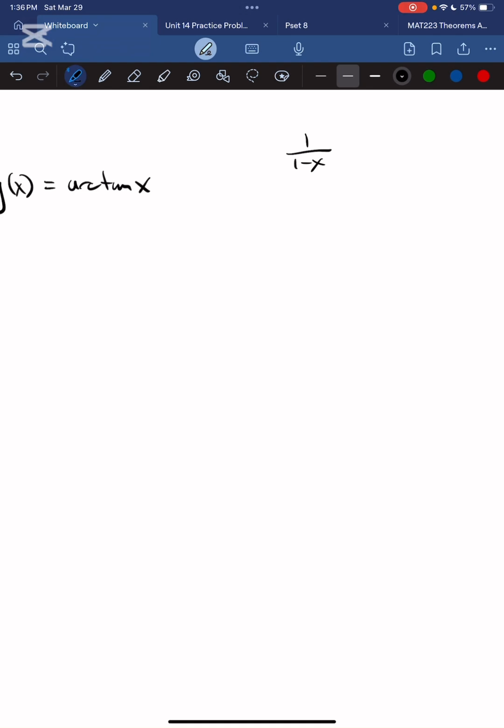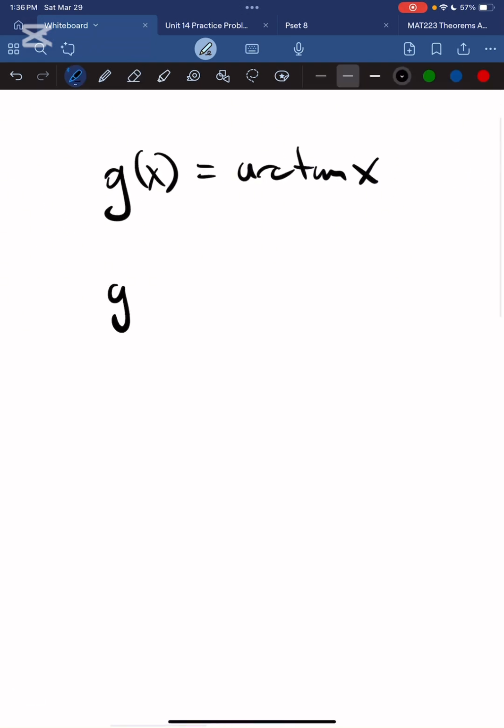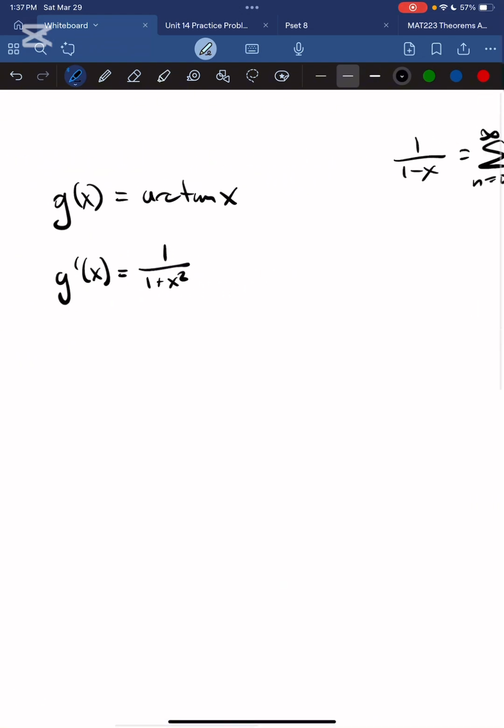This is just the geometric series. Can you relate these two in any way? Try to go from there. But I'll give the solution. When we differentiate this, we end up with 1 over 1 plus x squared. This follows.